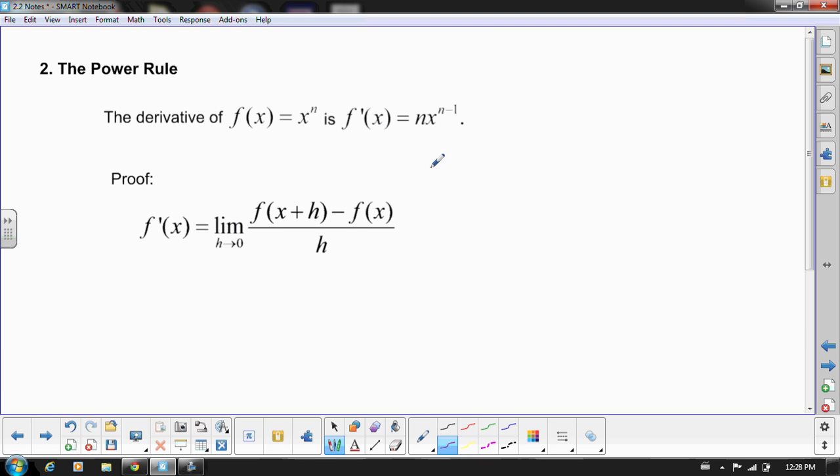Now, the power rule. We have done a lot of different functions where we have expanded, simplified, and then figured out what the slope of the tangent expression was.